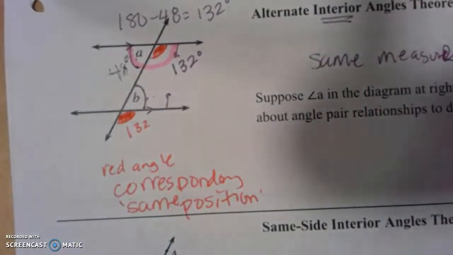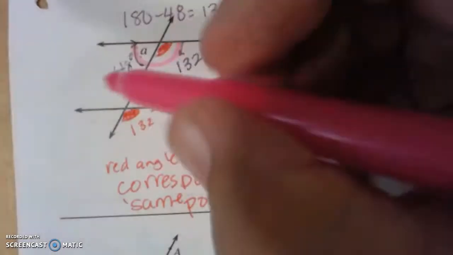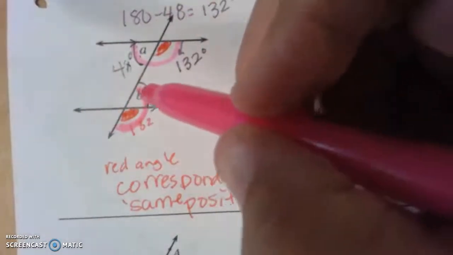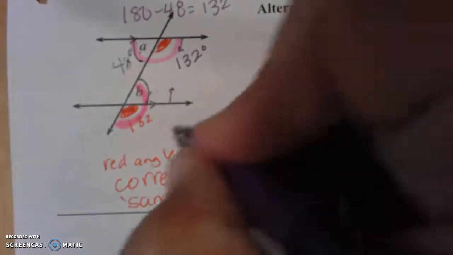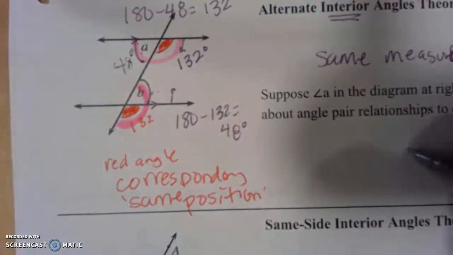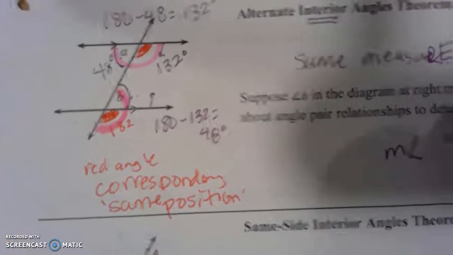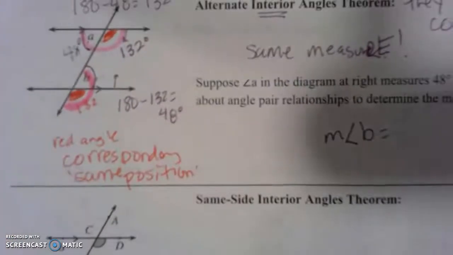Well, if that's the case, then we can go here and we can see that this 132 plus our angle B makes another rainbow or linear pair, and that linear pair adds up to 180. So 180 minus 132 equals 48 degrees. So we just proved that the measure of angle B equals 48 degrees.